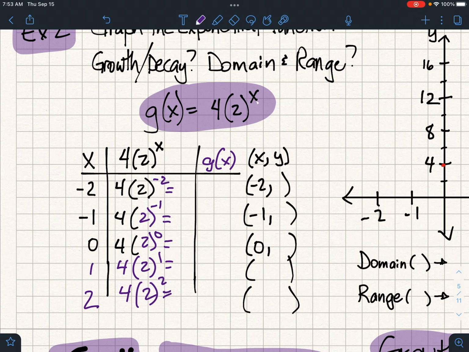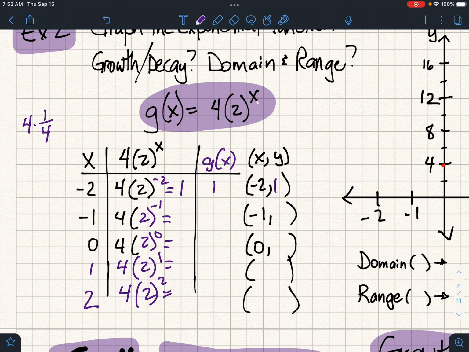I'm going to do my work over on the side. 4 times 2 to the -2 is 4 times 1/4, which is 1. Again, check that on your calculator. So my first point is -2, 1. Notice we take the x value and the y value and we put it together to get our point.